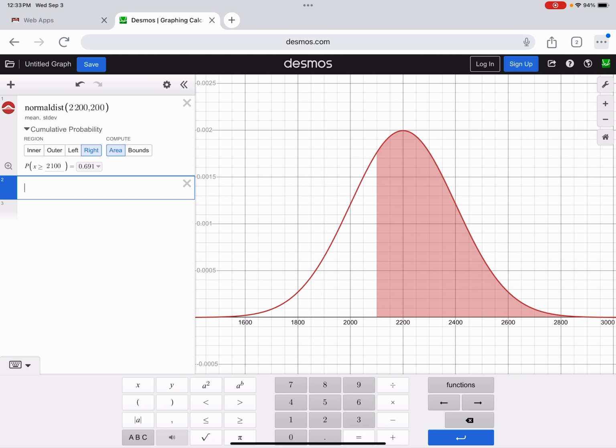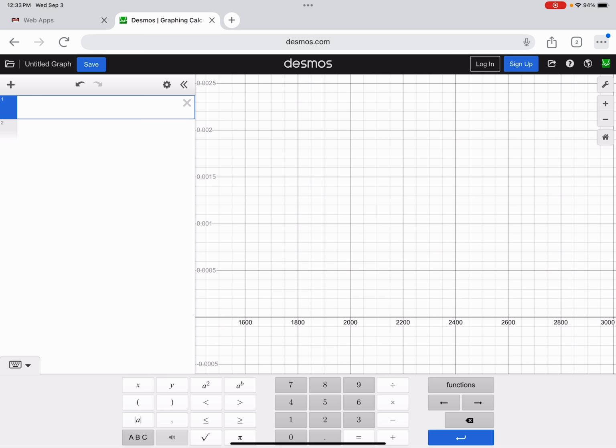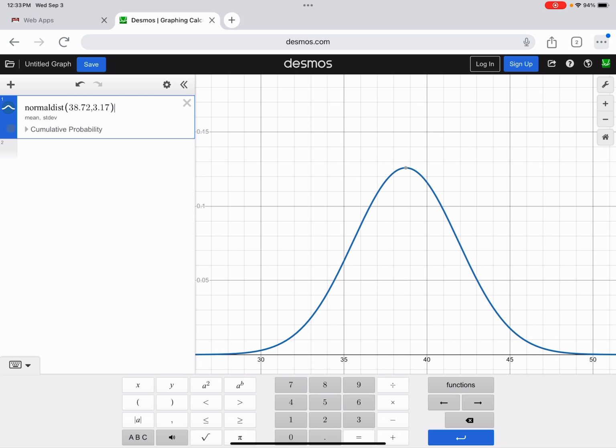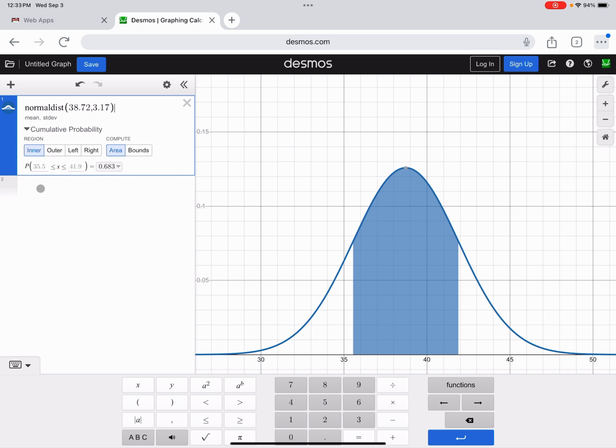Okay, so we've got, actually, let me just get rid of this one. We've got normal dist 38.72, 3.17. I'm going to zoom in on that and then compute a probability. We wanted the probability that x was equal to 35.